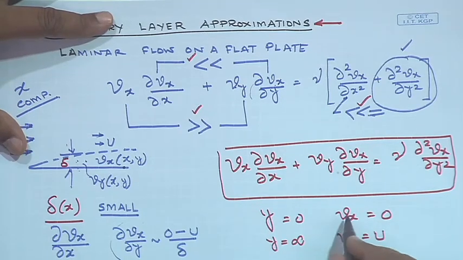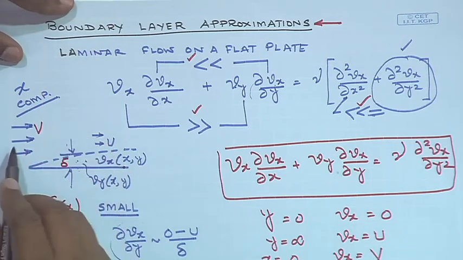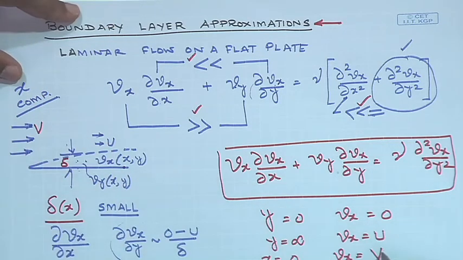Okay. So, these are the two conditions, and the other condition, the initial condition, is at x equals 0, Vx would simply be equal to capital V, where capital V is the approach velocity, and we understand that for the special case of flow over a flat plate, this V would simply be equal to u.